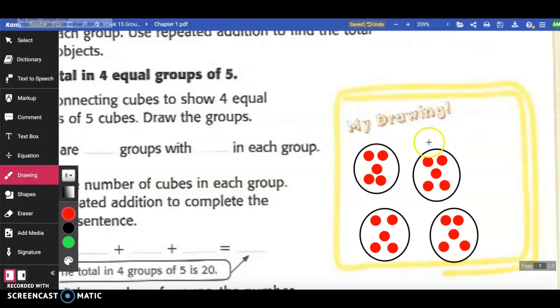All right, so if your picture looks like this, you are correct. Let me rephrase that. How many X's or dots are in each group? Go ahead and pause the video and share out.